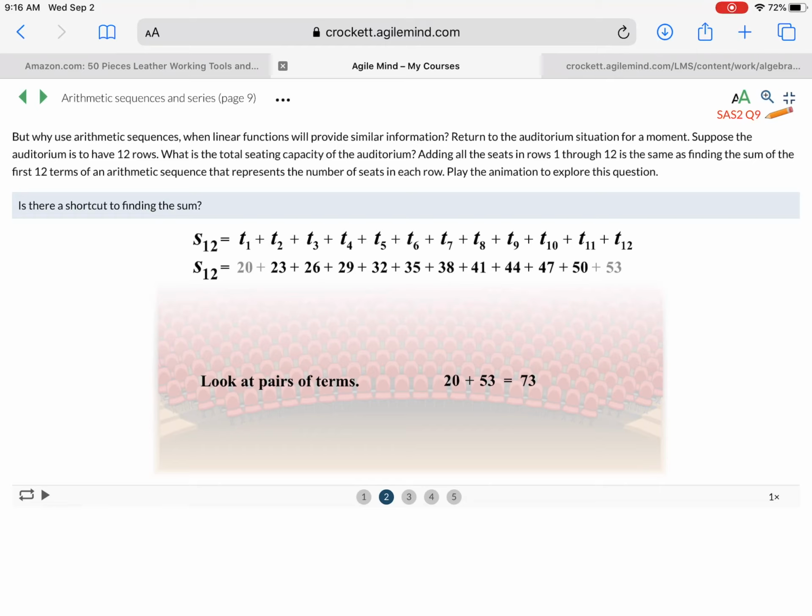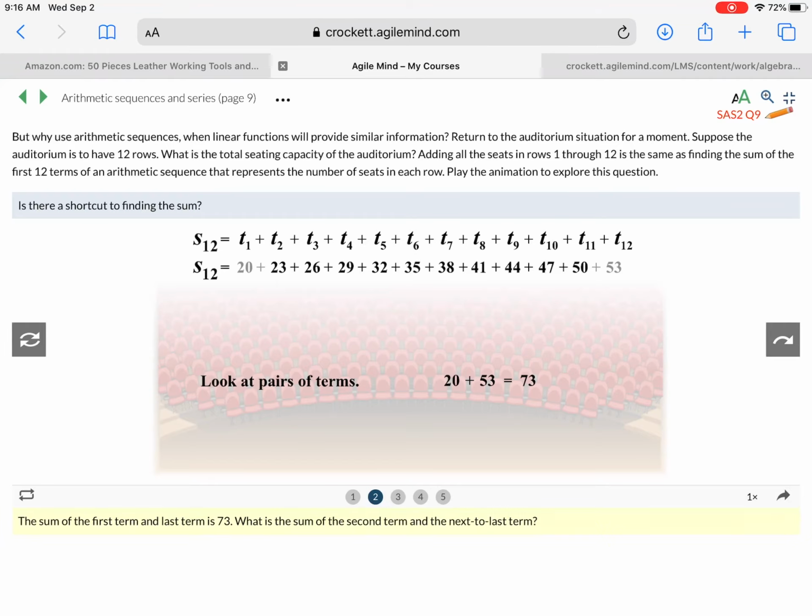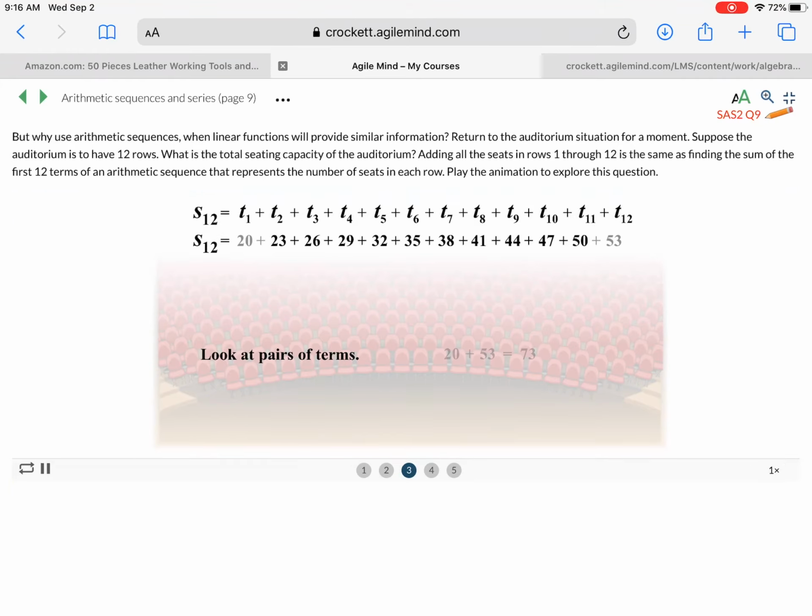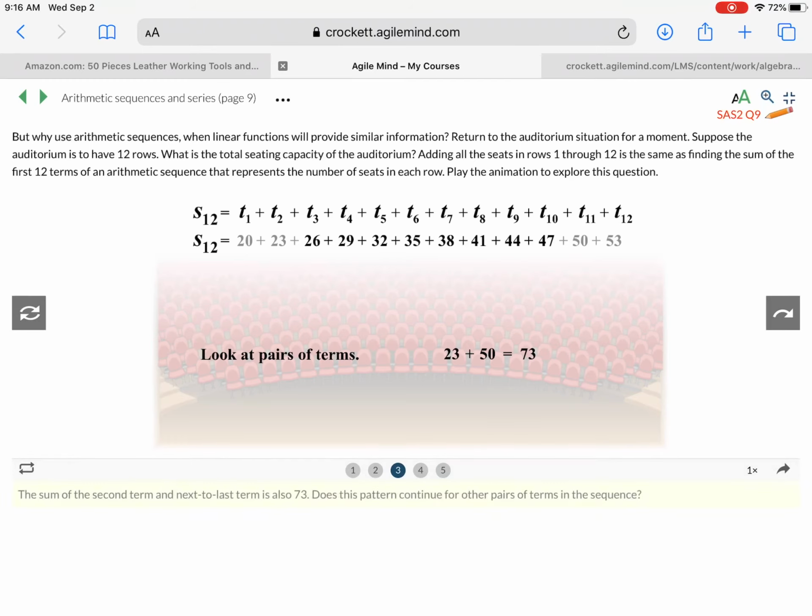So it's taking the first term and the last term, and it's adding them together, okay? Next, okay, it's going to take the second term and the next to last term. And you're getting 73. Okay?